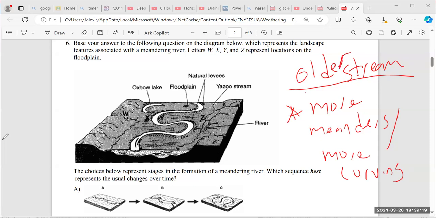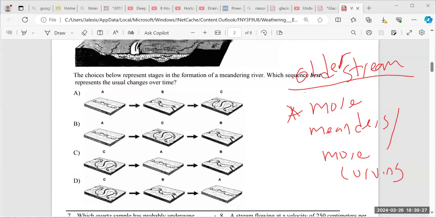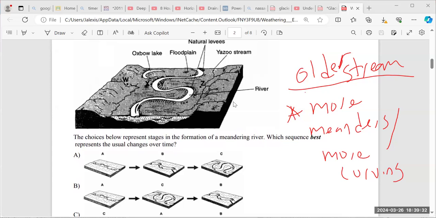And so when I'm looking at my options, they want to know which sequence best represents the usual changes over time. So this question is basically asking me, what does a stream look like from young to old?